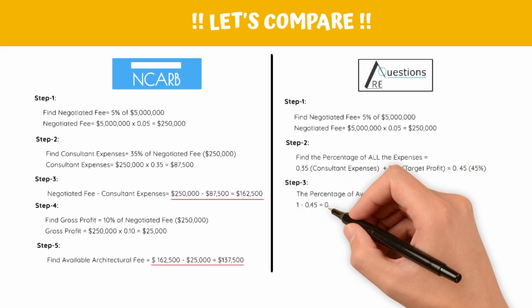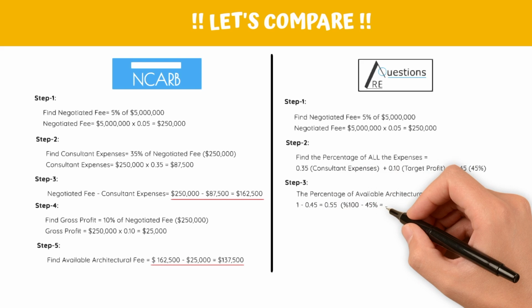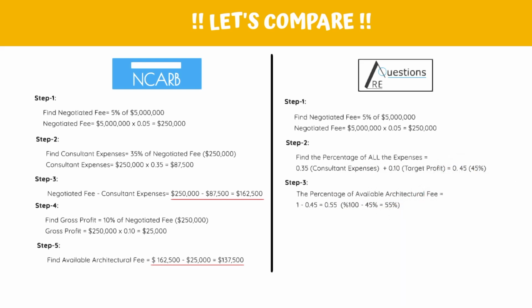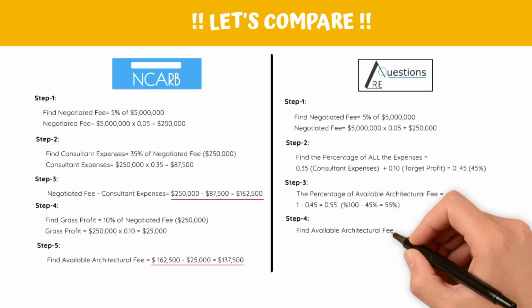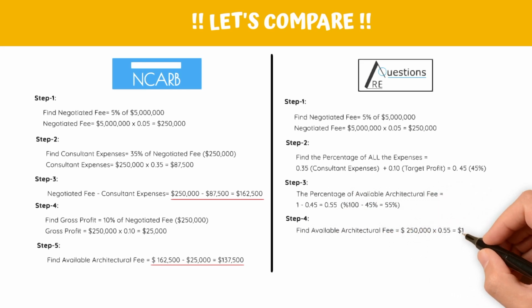So I do 1 minus 0.45, which is 0.55 or 55%. So what is available to me is 55% of the $250,000. And when you do the math, $250,000 times 0.55 is $137,500.